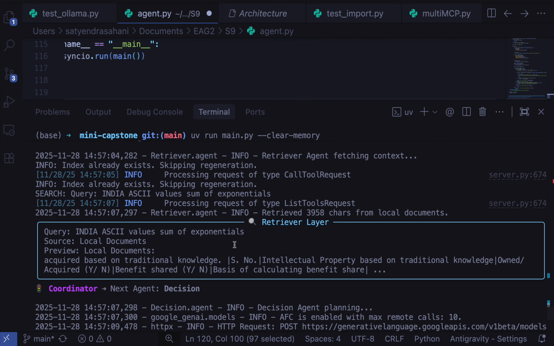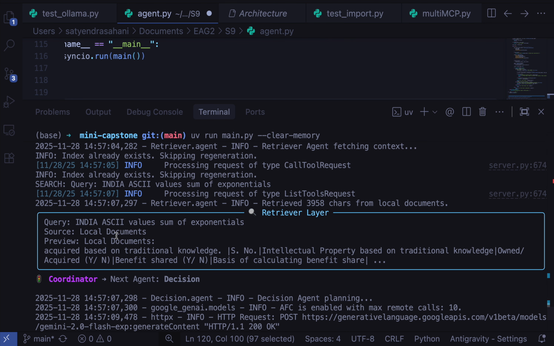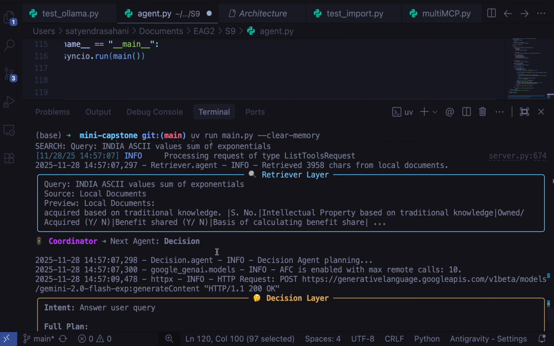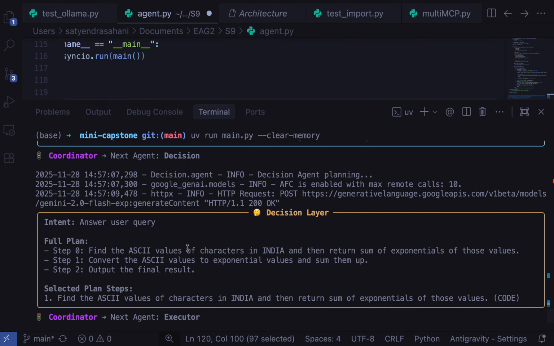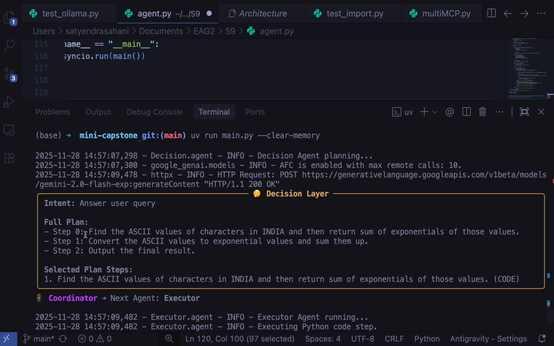The retriever layer came back saying that it's traditional knowledge, and decision took that input, and then it planned three steps.